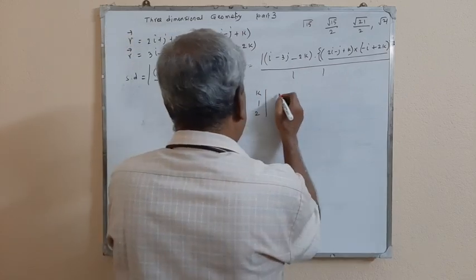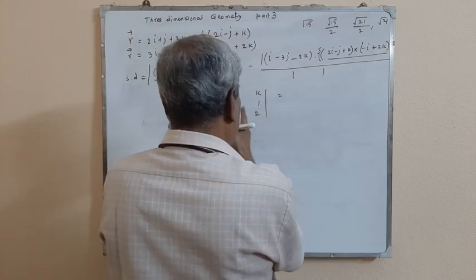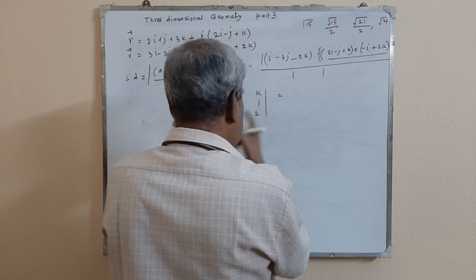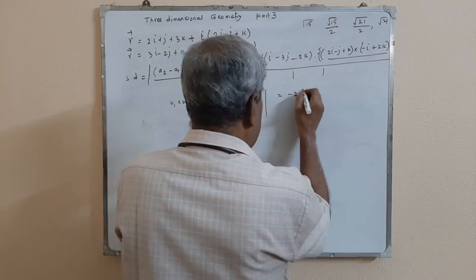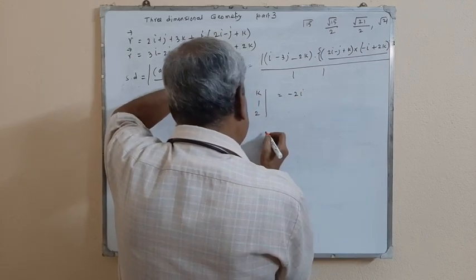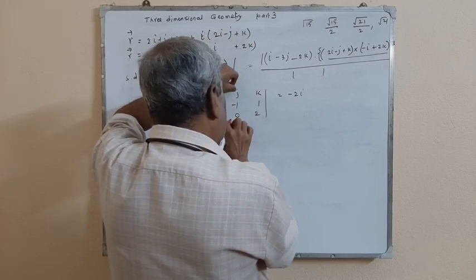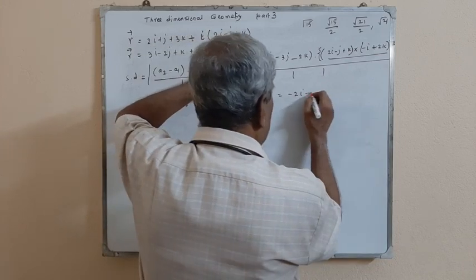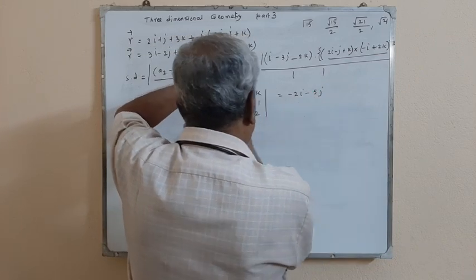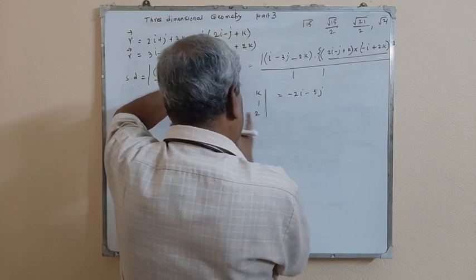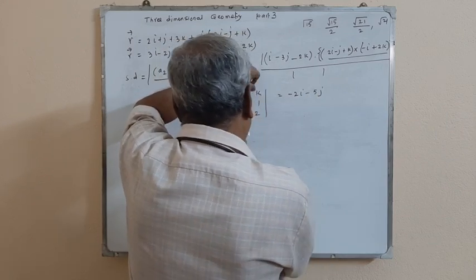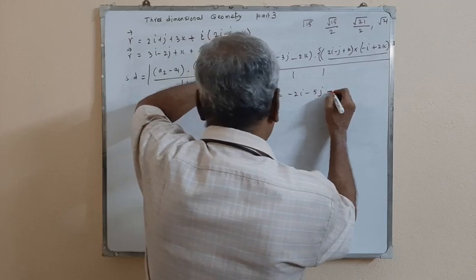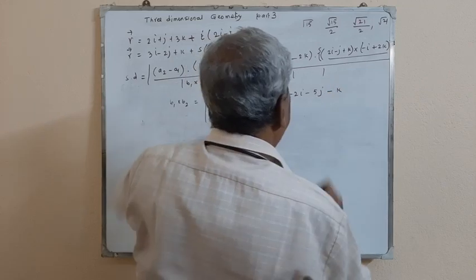b1 cross b2 is equal to i (-2 - 0), so minus 2i; j component, minus (1 - 4), so minus 5j; k component, 0 minus 1, so minus k.